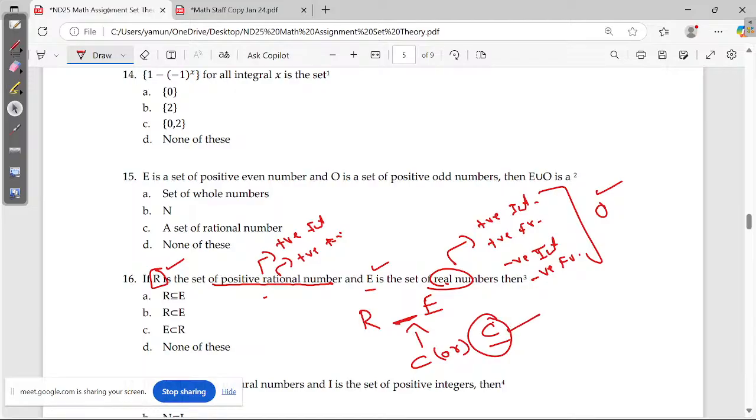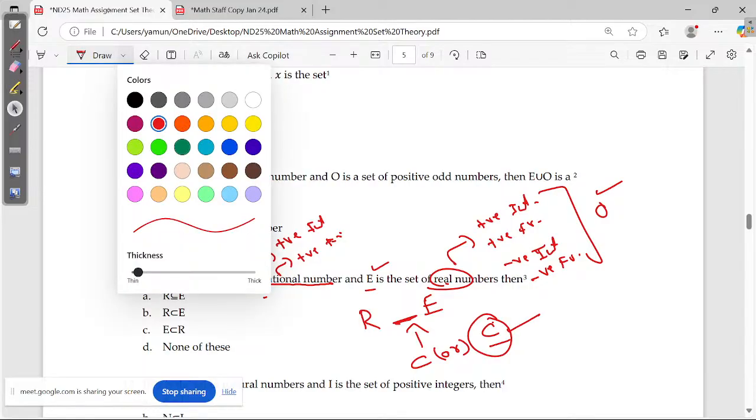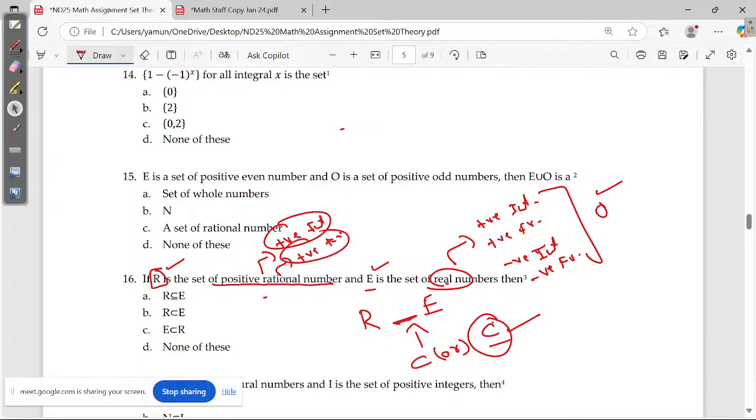But from this explanation, it's very clear: it's positive integer and positive fraction, but we have the set of negative integers and negative fractions in E. So definitely the negative will not be present over here. So I am having one element extra. So I can confidently write this as properly contained. So it's a proper subset.